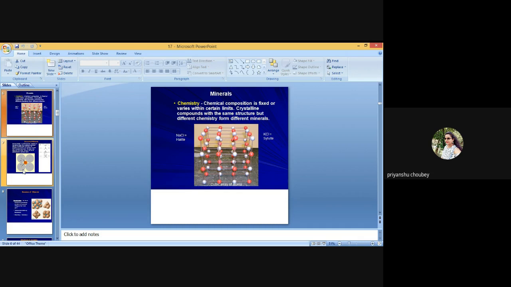I repeat again, if similar points lie on both sides equidistant from a center point in a geometric figure, that central point is called the center of symmetry.